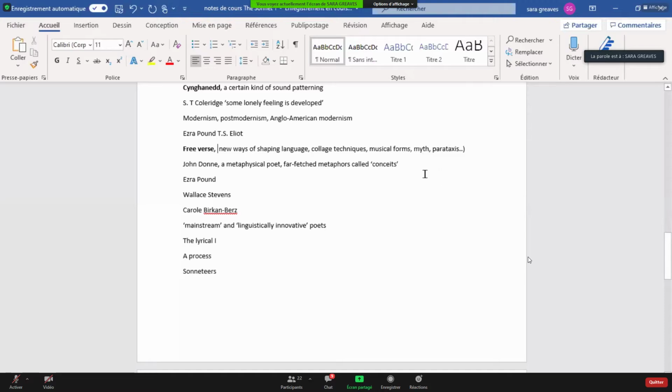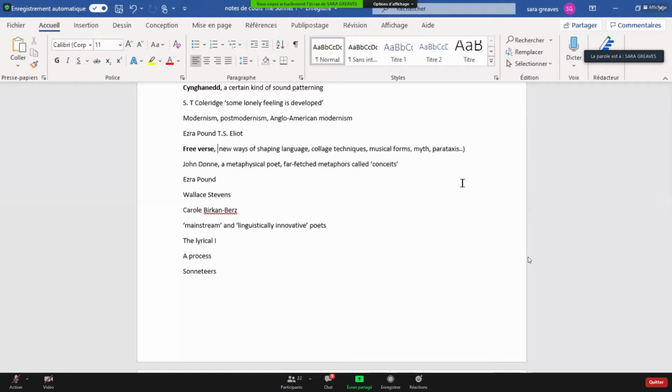They used musical forms, they used mythical structures, they used parataxis, which is the idea of juxtaposition of fragments. Okay, so they challenged all traditional forms.